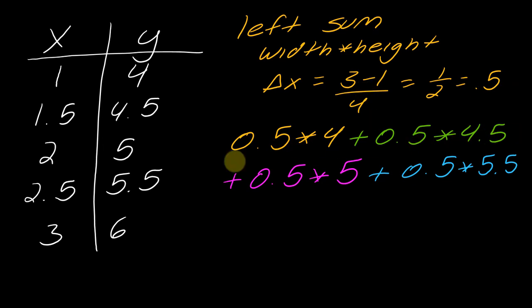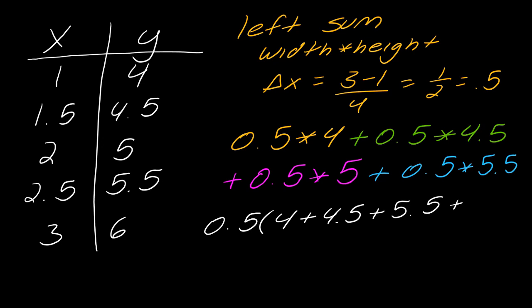And just by looking at this calculation, you can see that you can really simplify this if you just have a couple of points that you're trying to sum up. So I've got 4 and 4.5 and 5 and 5.5, sorry. So this is an equivalent calculation, which if you prefer to do it this way, that's totally fine.